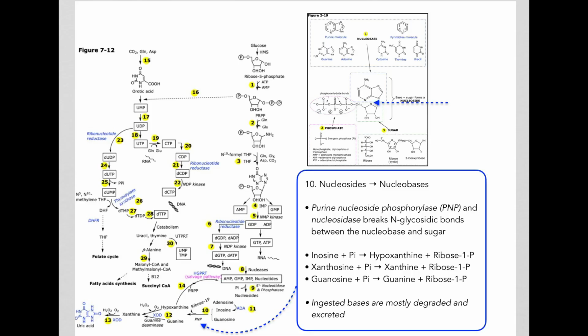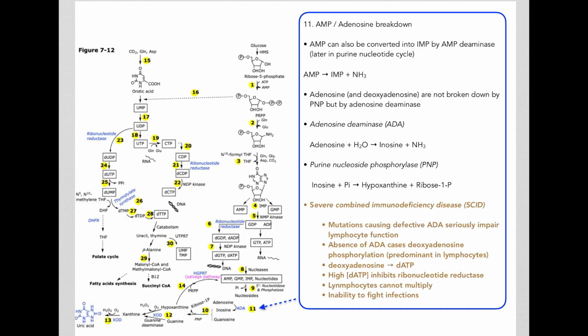Now here we mention inosine, xanthosine, as well as guanosine, but we did not mention adenosine. So let's look at adenosine breakdown, as well as another reaction by which AMP is metabolized.